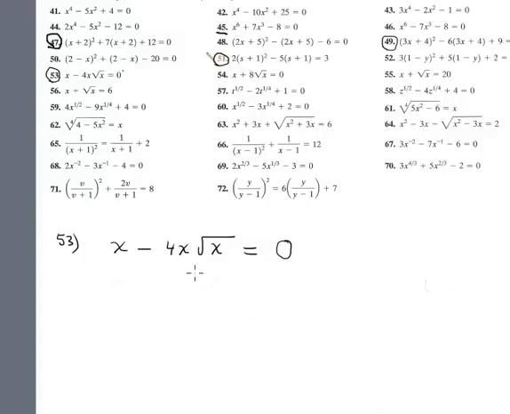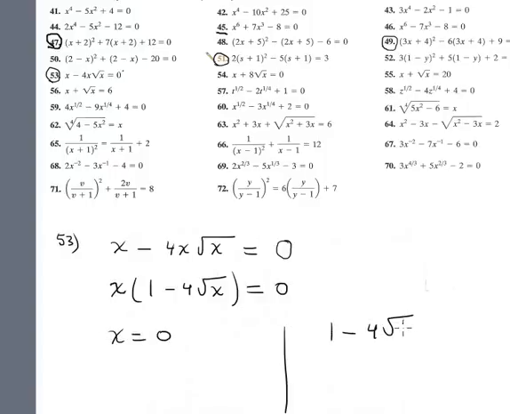Okay, 53. 53 is like a factorable equation. So x is the common factor: x times 1 minus 4 radical x equals 0. So one solution is x equals 0, and another solution is 1 minus 4 radical x equals 0.